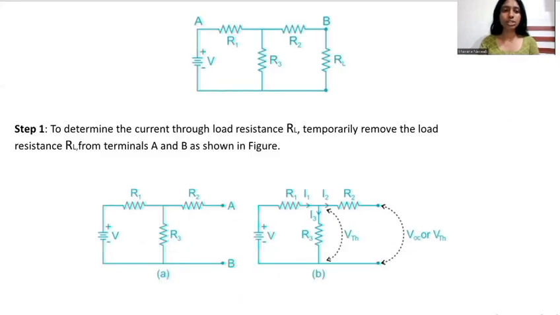Step 1 is to determine the current through load resistance RL: temporarily remove the load resistance RL from the terminals A and B as shown in the figure.